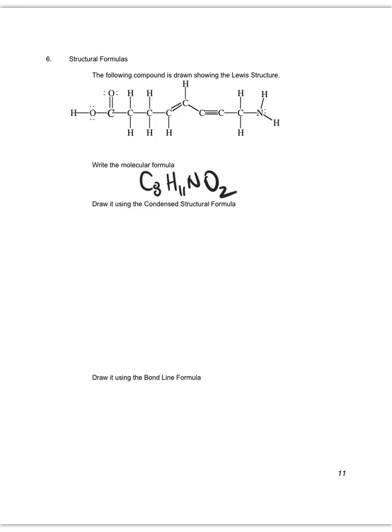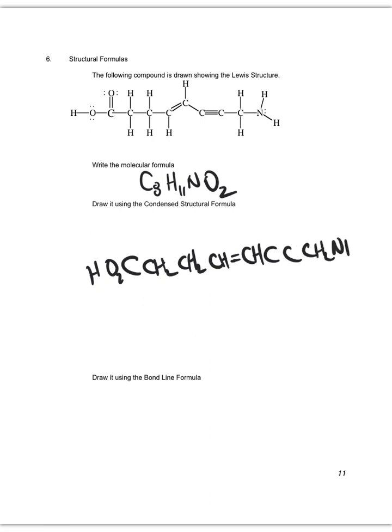Okay, if we were to draw the condensed structural formula, we would draw it where we have the CO2H, CH2, CH2, CH, double bond, CH, C, C, CH2, NH2.